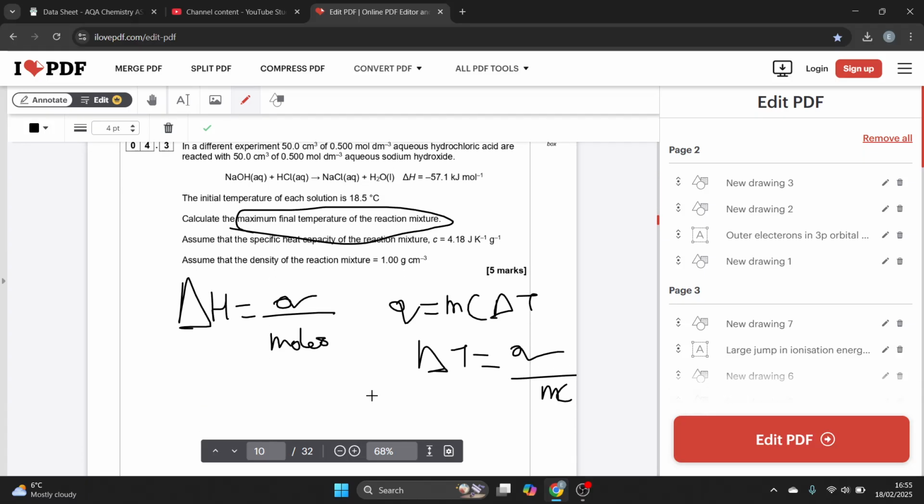But there's no way I can find out Q using Q equals MC delta T, because think about it, actually no, I can, because I've got the mass of the water. Yeah, that's what I was thinking, but no, I can't, because the M stands for mass of water, I'm trying to find out delta T, which I don't know, so I can't use that.